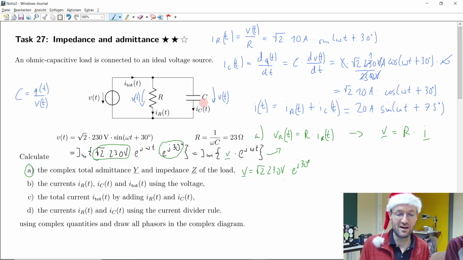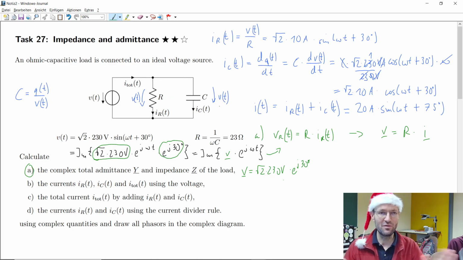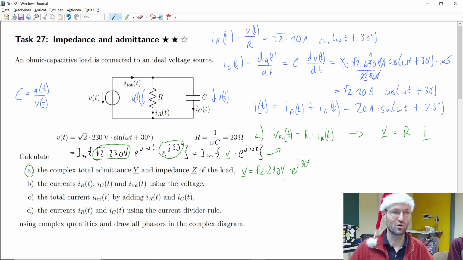Because now if we have impedance and admittance, and if we have these complex phasors, the advantage is everything that we have learned before from DC circuits with Kirchhoff's current law, Kirchhoff's voltage law, Ohm's law, but in a complex way, voltage divider, current divider, mesh current analysis, branch current analysis, nodal voltage analysis, superposition theorem, everything works as before, just we need to use complex values.